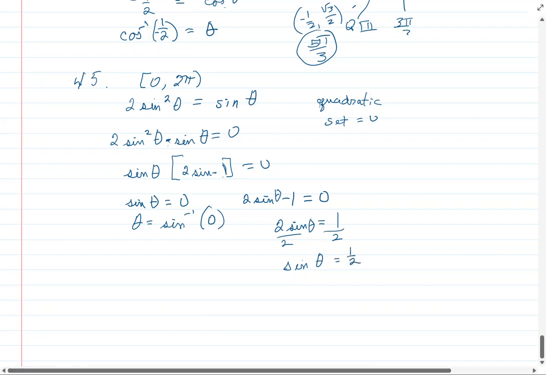And now I'm going to do inverse sine on both sides. All right, and I'm going to draw my pretend radian measure unit circle.